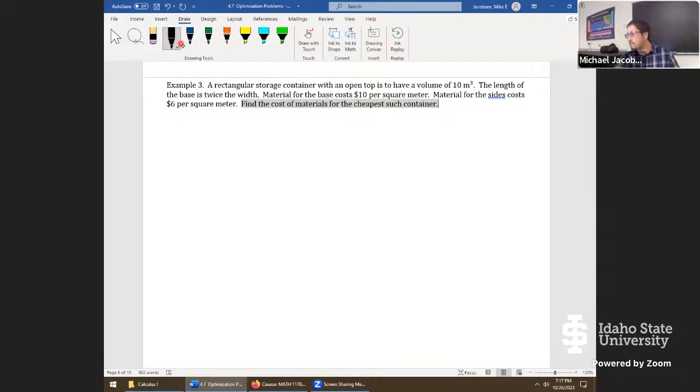So for the box, it says the length of the base is twice the width. I'm going to need to use that information, but I'm not going to try to draw it perfectly. I struggled to draw it in the first place, so I'm just going to draw a generic box and put in the information. I'll just draw this rectangle here, another rectangle way out here.